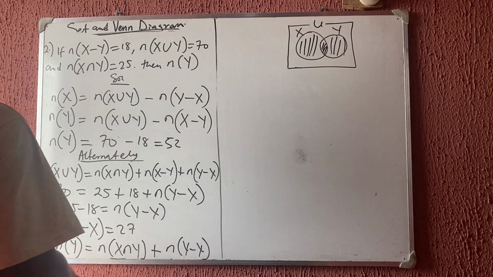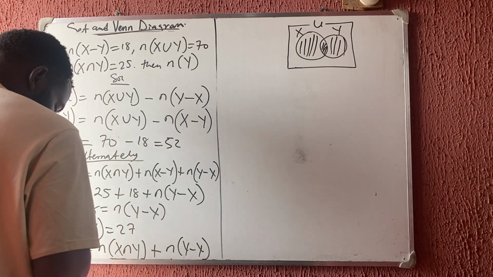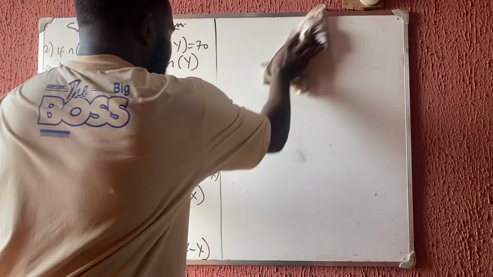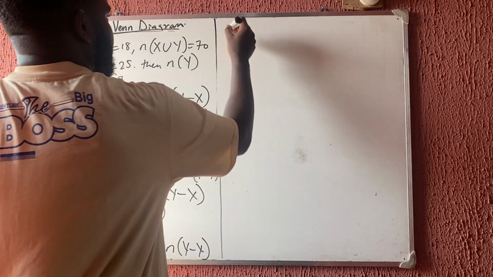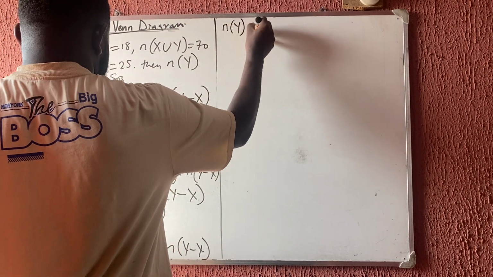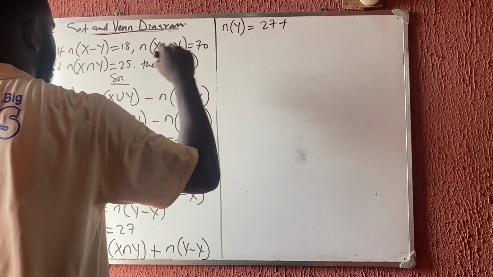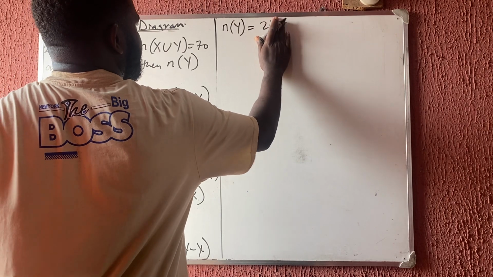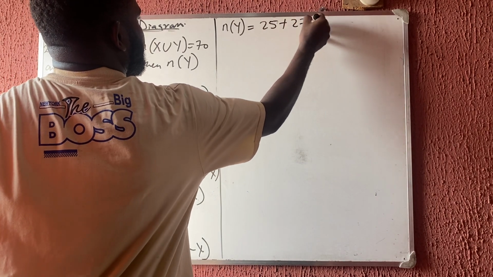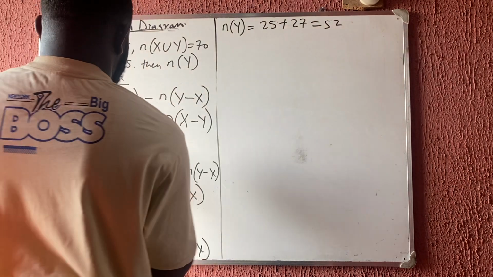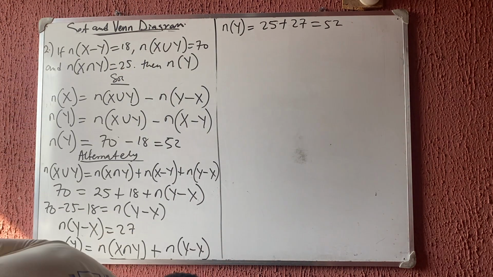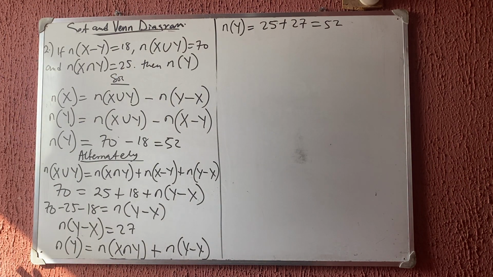If you add both of them, the number of y alone is equal to 25 plus 27, which gives you the same 52. So it depends on the one you can remember. Any one you remember is very okay.